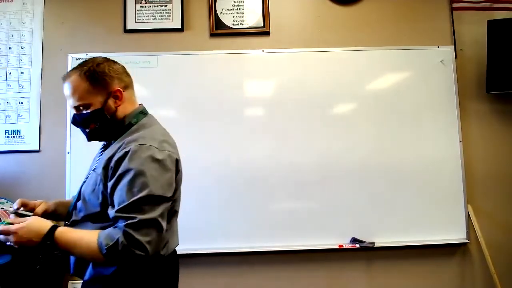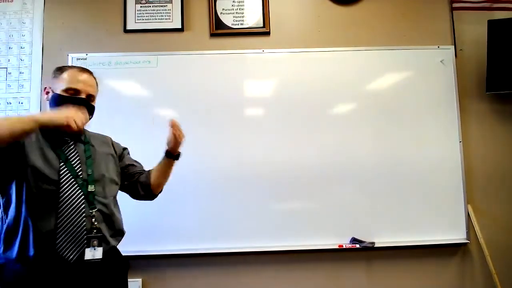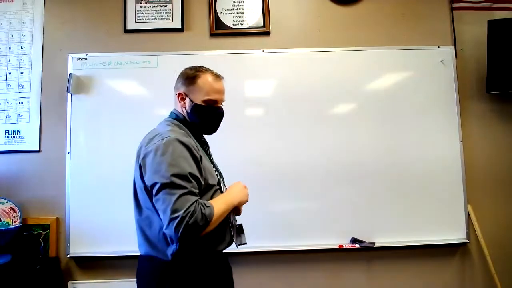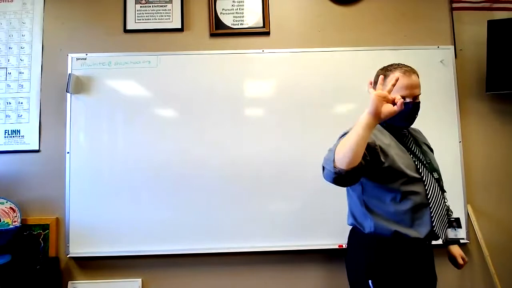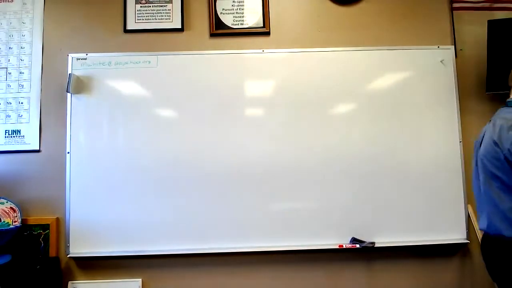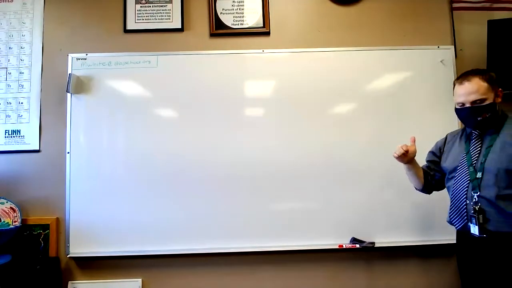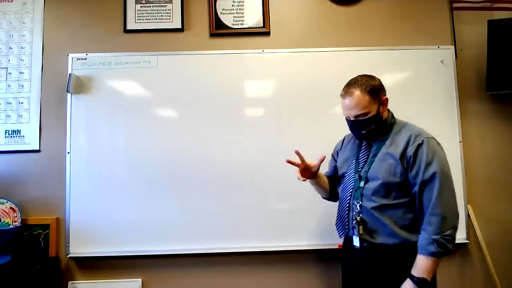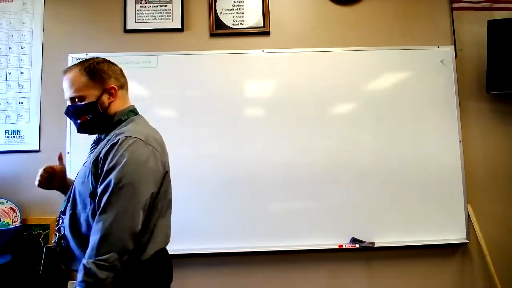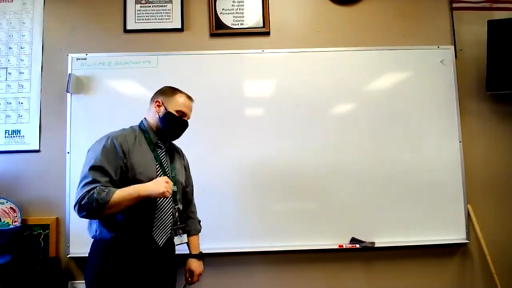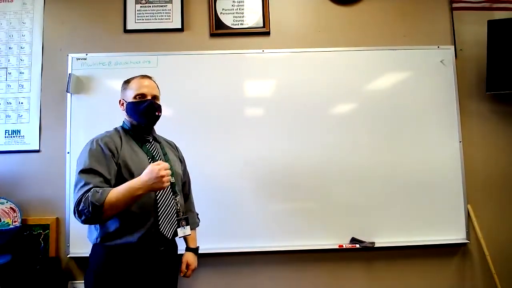We want to talk about things that affect how fast this process happens. Okay? And we have three different factors. Call it agitation, surface area, and temperature. Now, agitation, basically it's a science word for stirring.